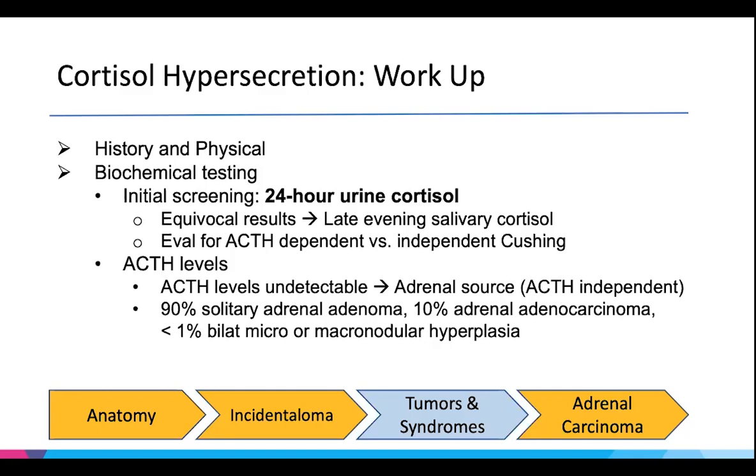When ACTH levels are undetectable, 90% of the time this is going to be a solitary adrenal adenoma, but 10% of the time it is an adenocarcinoma. And less than 1% of the time you could have a bilateral micro- or macronodular hyperplasia of the adrenal gland causing this hypercortisolism.